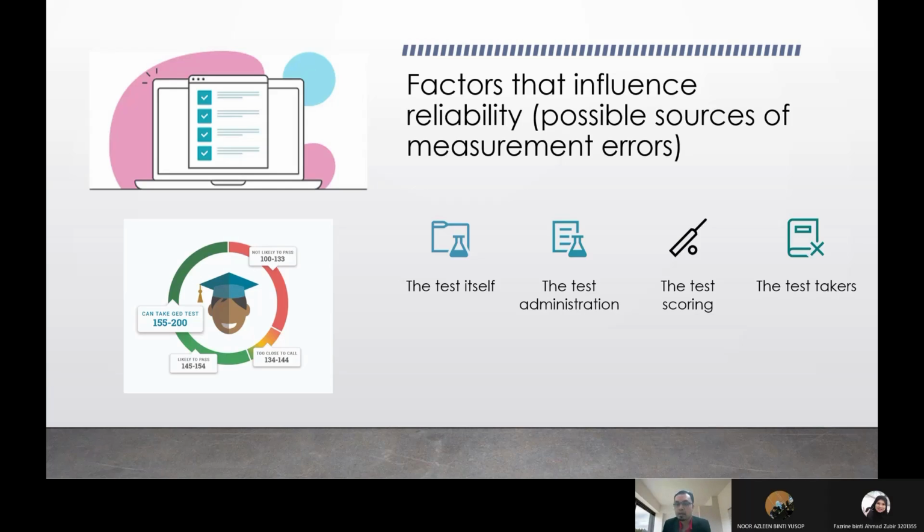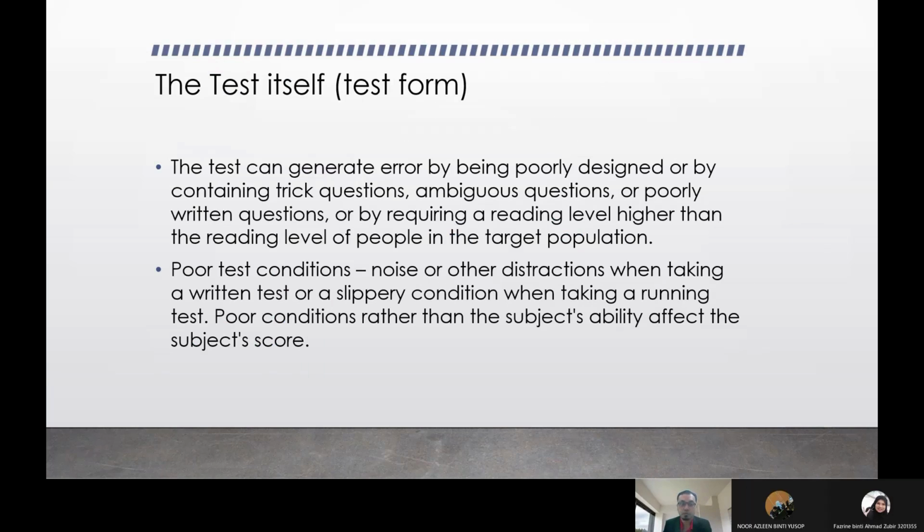The test scoring, how the type of scoring is being used in that particular question or item. And last but not least is the test takers, which is the study population or the study participants in our research.